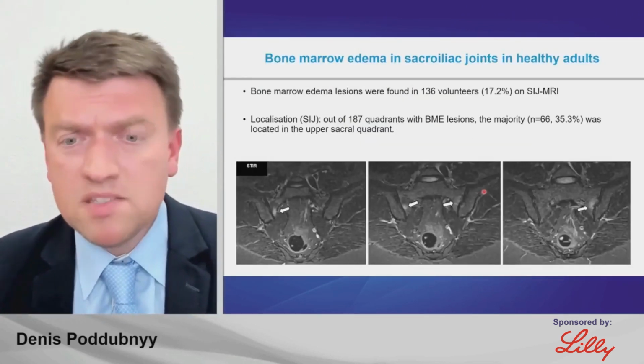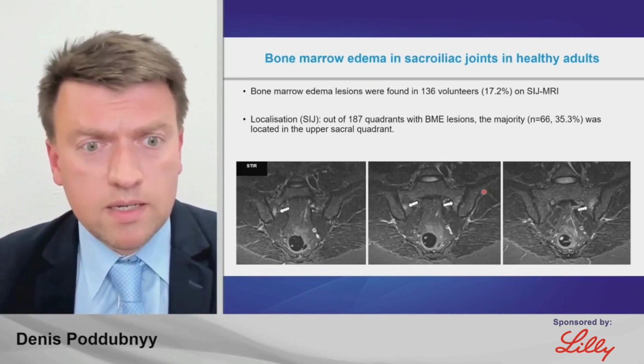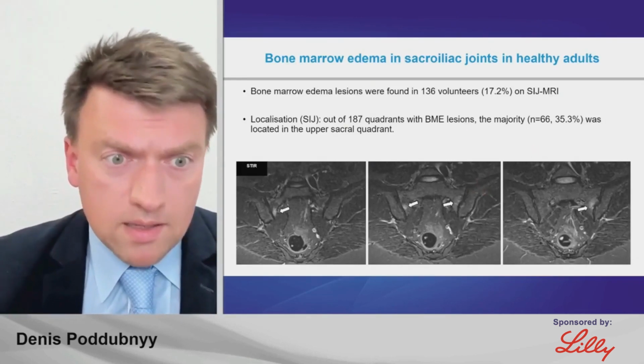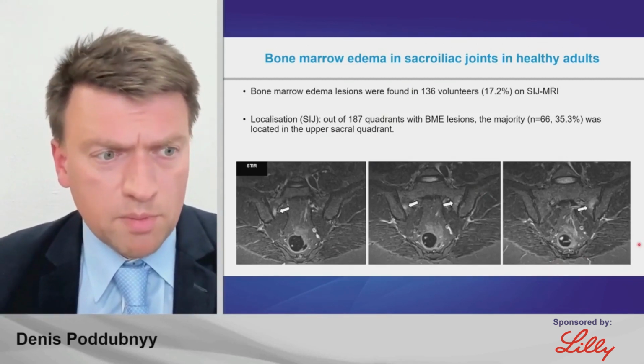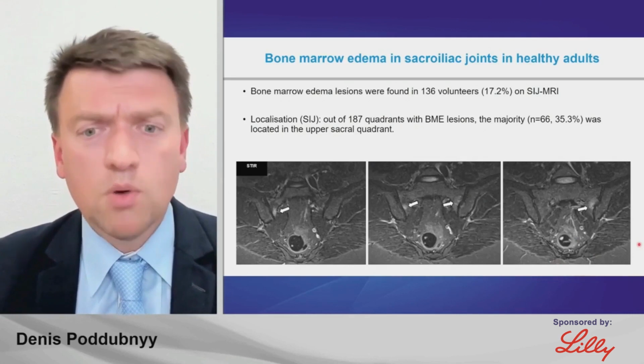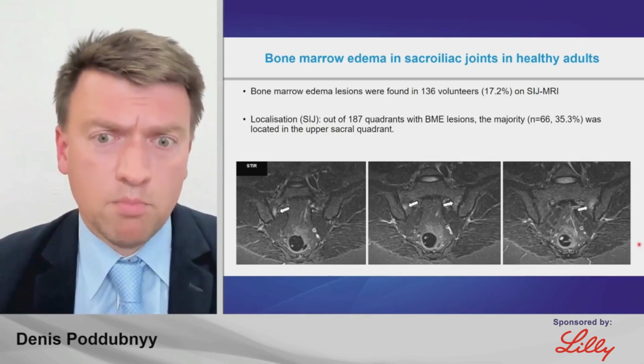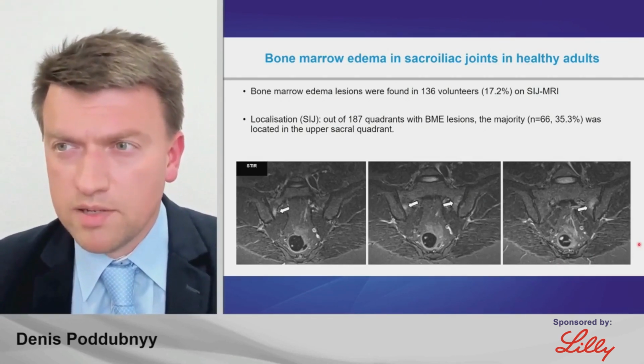So that means that the specificity of bone marrow edema, at least based on the results of this cohort, would be about 83%. And we need to learn how to identify bone marrow edema that is really related to inflammation.